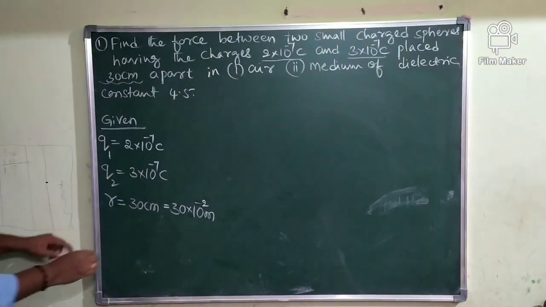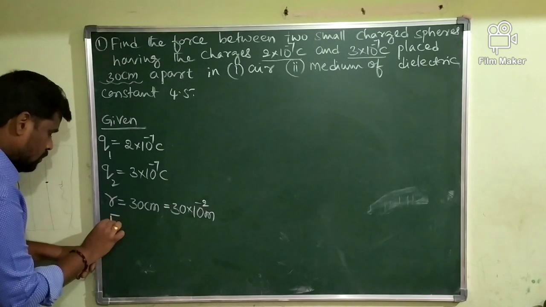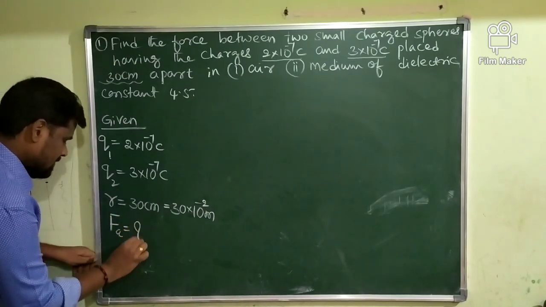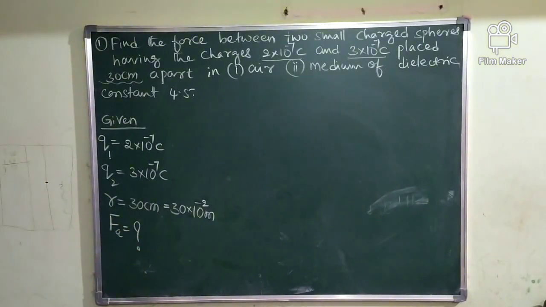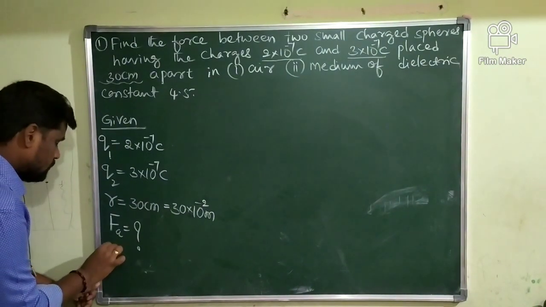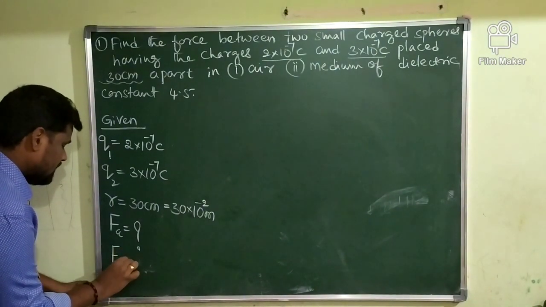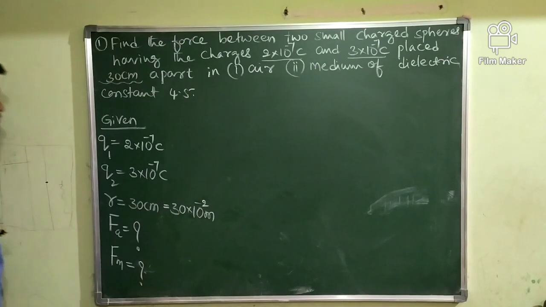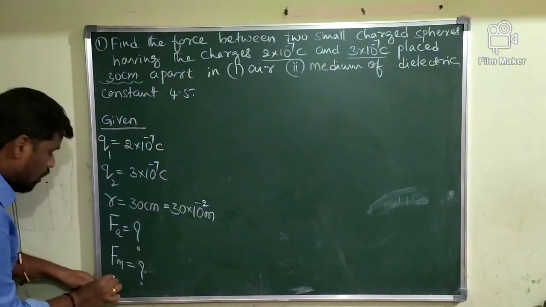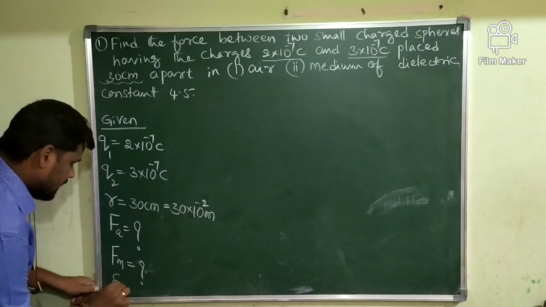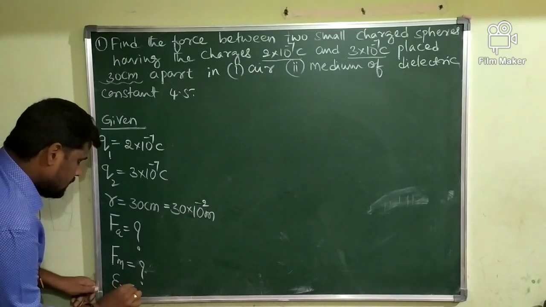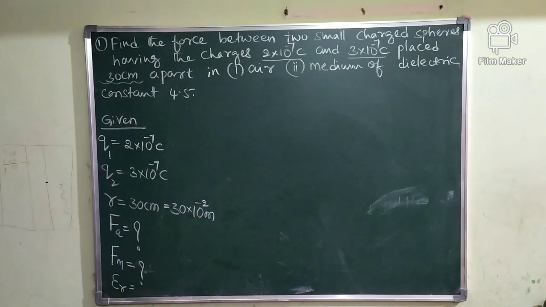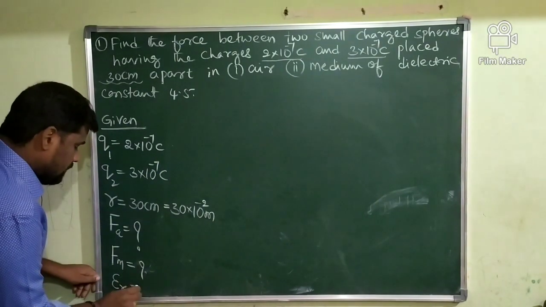So I have to calculate the force between two charges in air medium and force between the two charges in some dielectric medium. So one more value they have given here, the value of dielectric constant or relative permittivity, epsilon R value, is given.